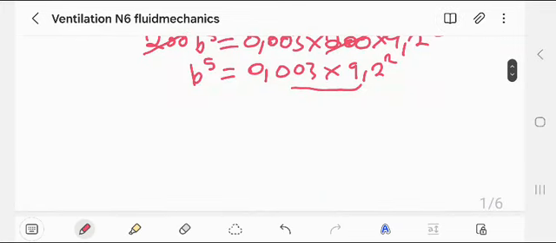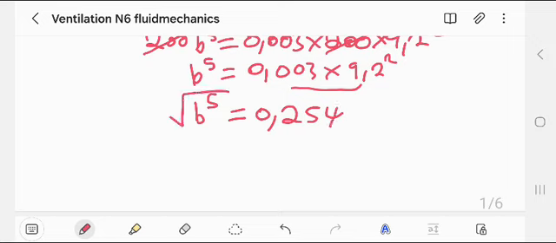If you multiply these two, you are supposed to get that b to the power of 5 must be equal to 0.254. Right, then I take the fifth root on both sides.